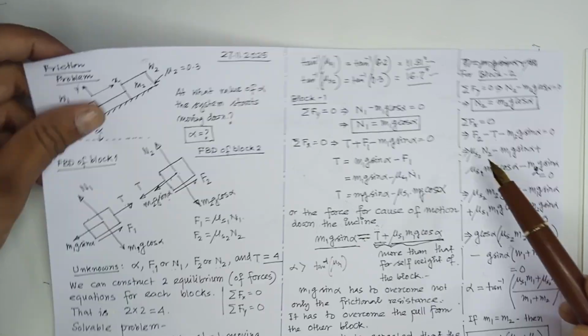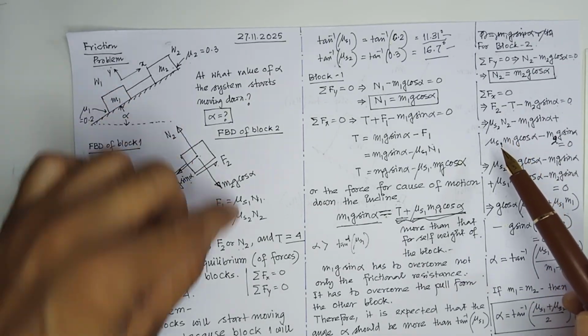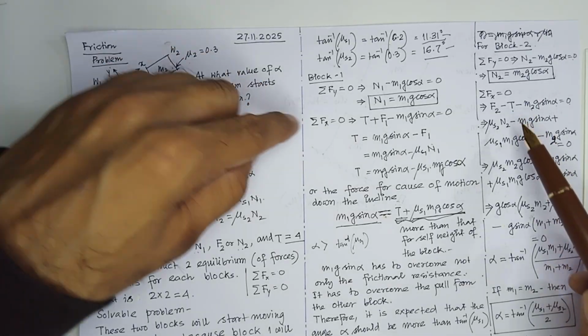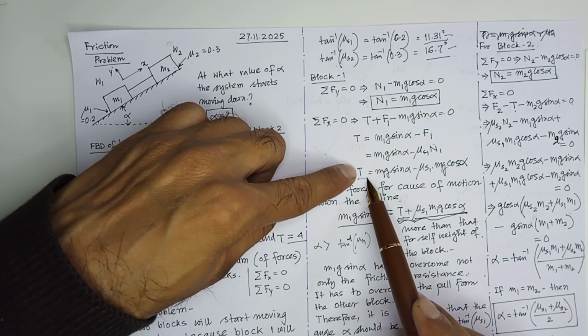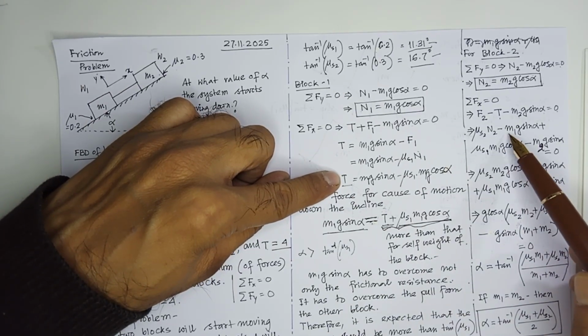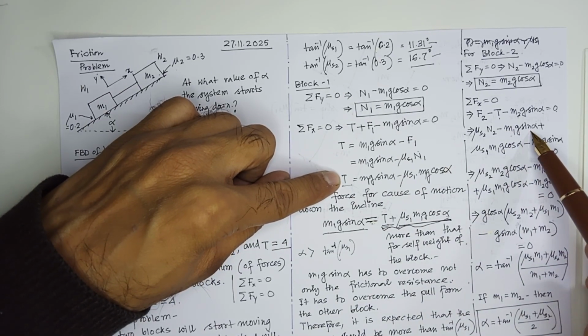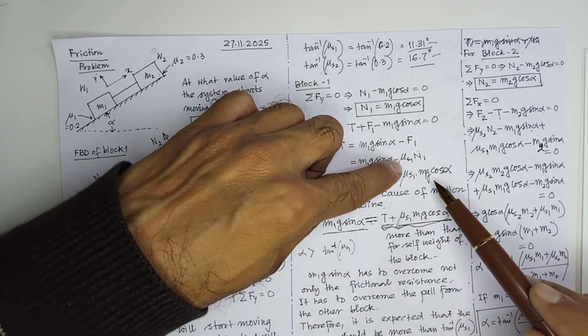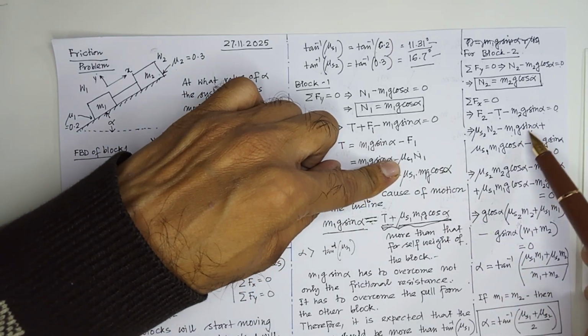f2 is equal to mu s2 n2, minus what is t? T I have replaced from here, so it is m1g sin alpha minus mu s1 m1g cos alpha, that I have replaced here.